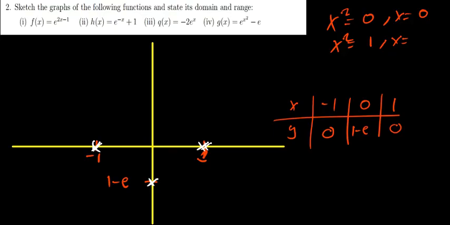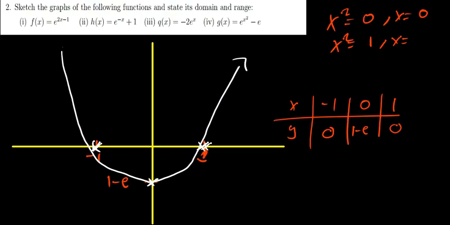So the nature of the graph will be going like this. It comes there, it touches these two, then it goes there. You put the arrows because you do not know where the graph is ending. Okay? So this is the nature of the graph.